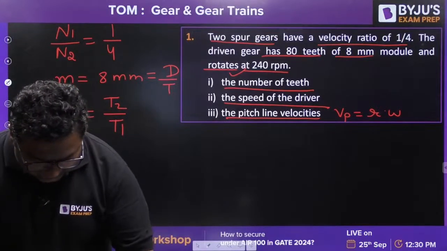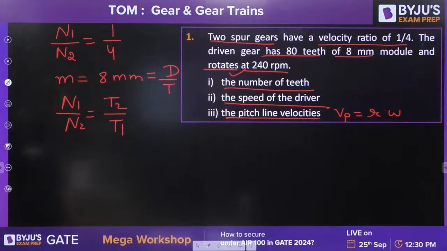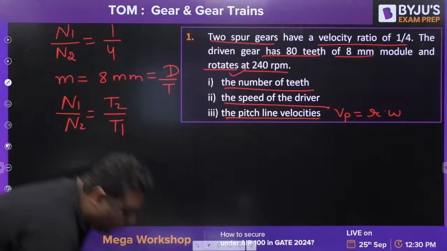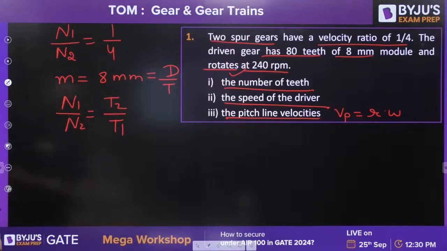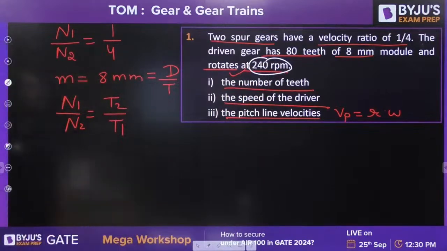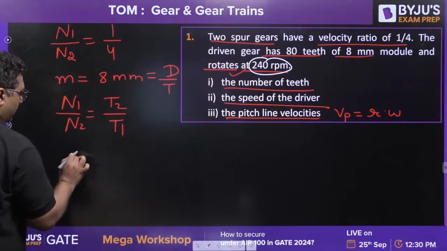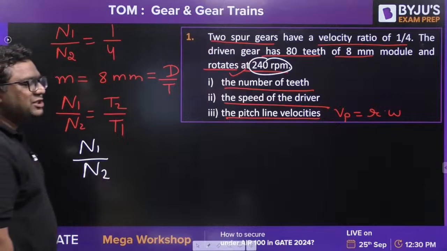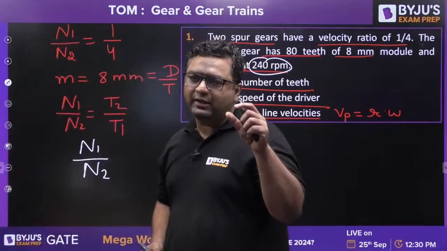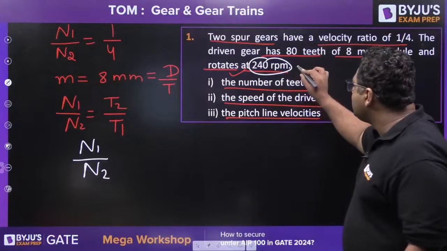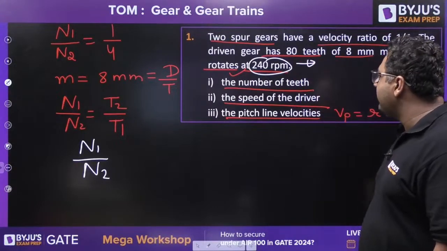First of all, find out the second speed, as it is given as 240 rpm. It is given that the driven gear is rotating at 240 rpm. If nothing is mentioned, we will assume that the driver is the smaller gear, and the smaller gear rotates with higher speed. So we will assume this driven gear is rotating with 240.